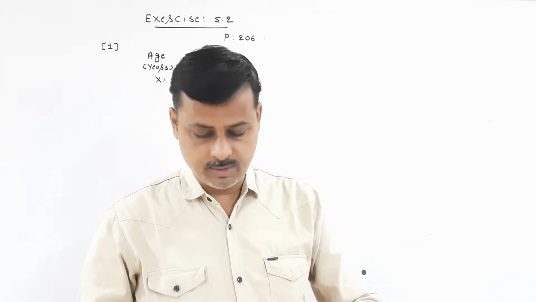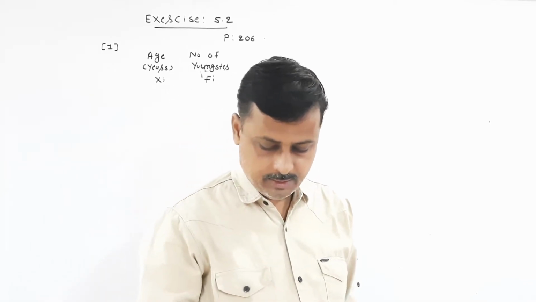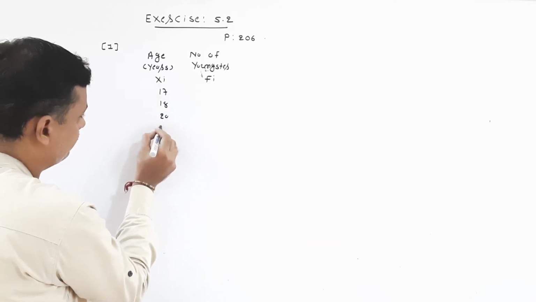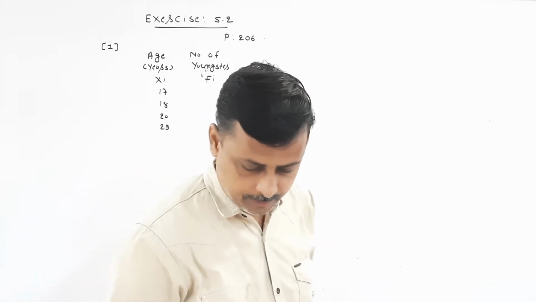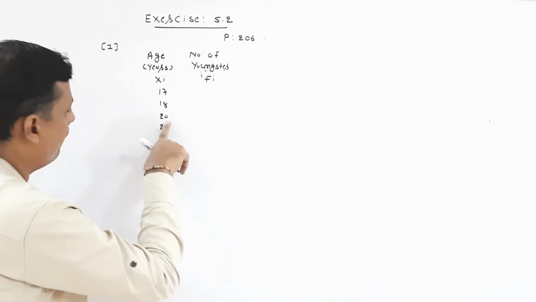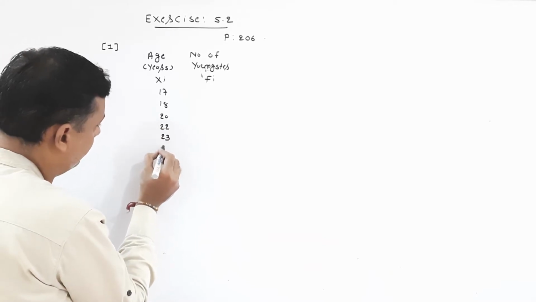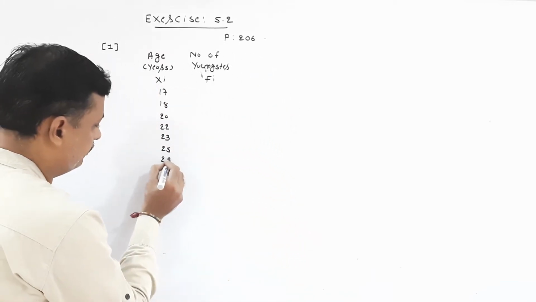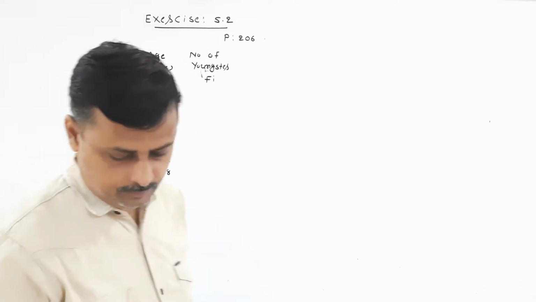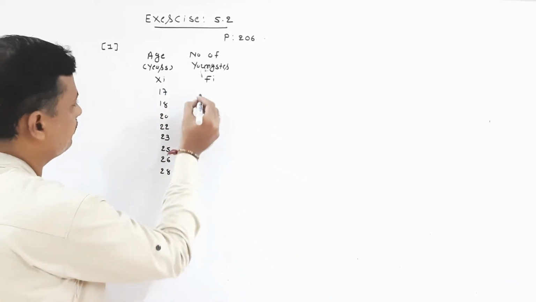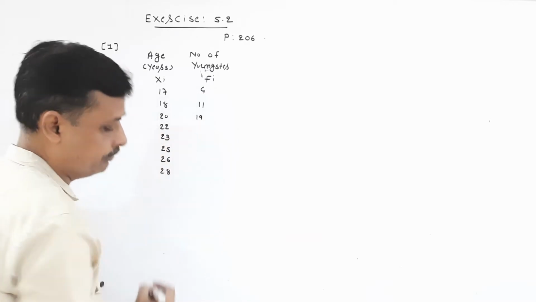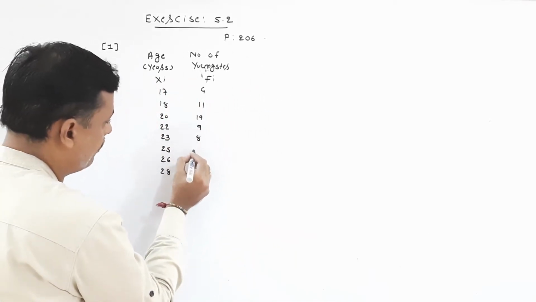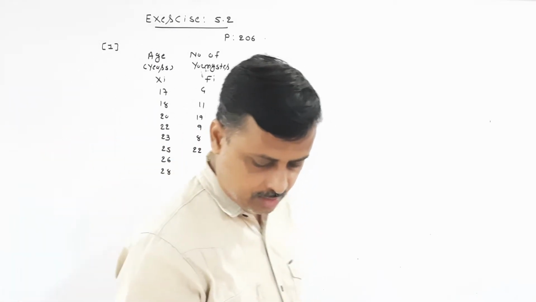Now we arrange in ascending order, so 17, 18, 20, 22, 23, 25, 26 and 28, and frequencies 4, 11, 19, 9, 8, 22, 7 and 3.